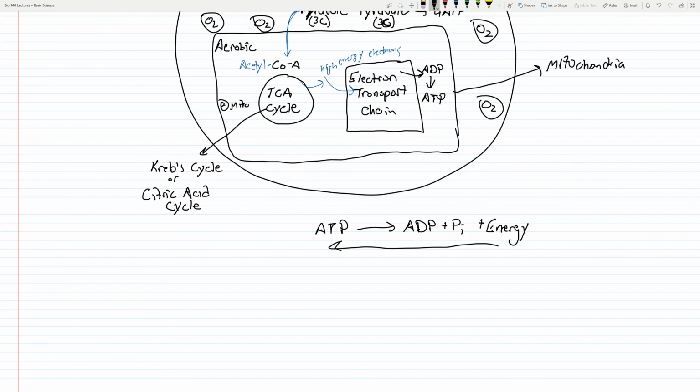So now the last big thing that you have to know about this is basically the numbers. If we look at the citric acid cycle, Krebs plus electron transport, wow, that's a compound word if I ever saw one, electron transport chain.